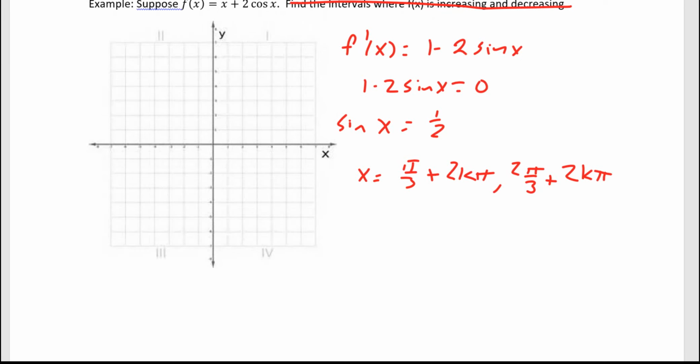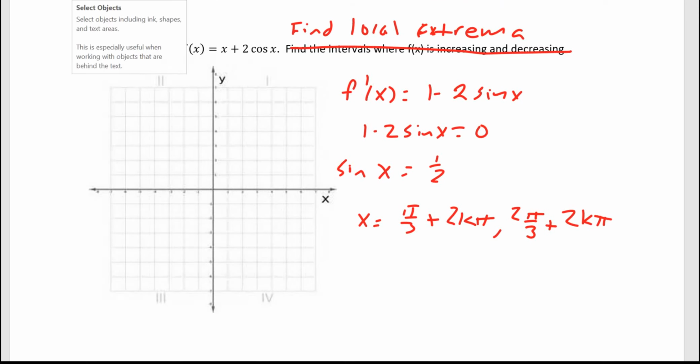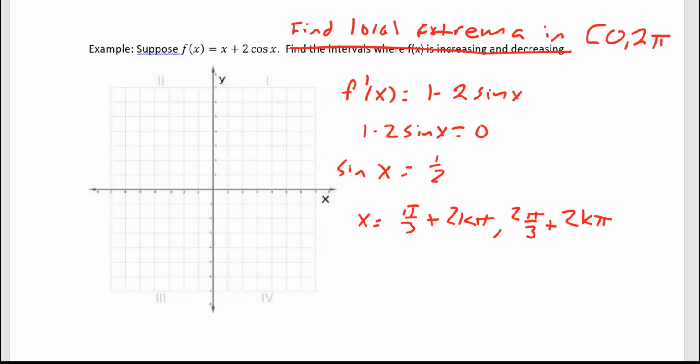Let me change this question a little bit and say, let's find the local extrema in the interval from 0 to 2 pi. So what that does is I'm taking out the going around the circles there. Okay, so in that interval, that's what we have.